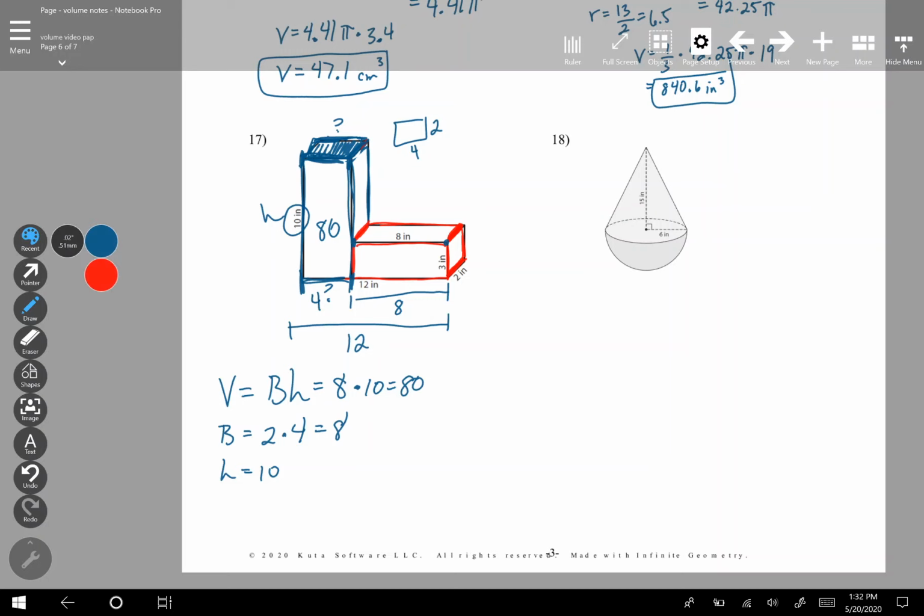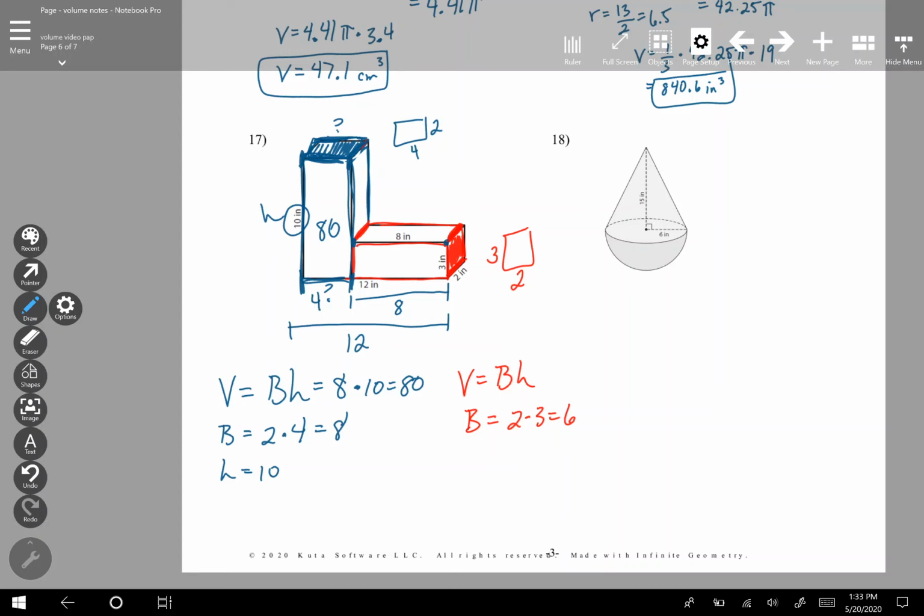Now I'm going to go to the red one. Okay, this one's a little bit easier because I got all of my measurements. So volume is area of the base times the height. I'm going to use this rectangle as my base. Okay, it's 2 by 3. So the area of the base, 2 times 3, 6.